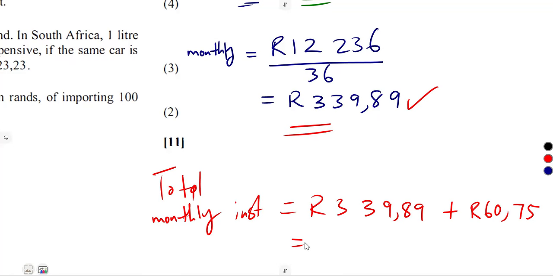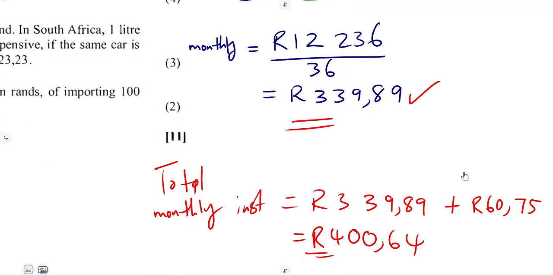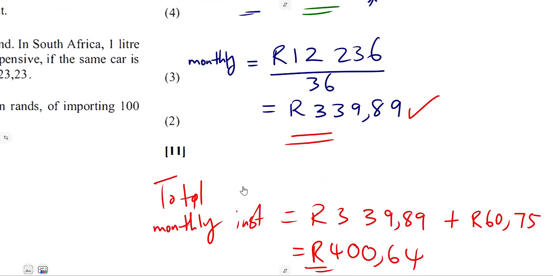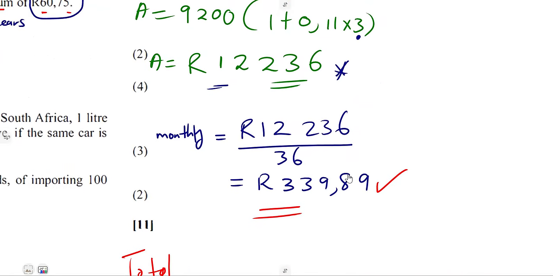So that was going to give us a total of 400,64. If we add properly, just make sure, guys, you go through and add properly. If there's anything that is not properly given, let me know so that we can revisit that question. But that is how you answer this question.